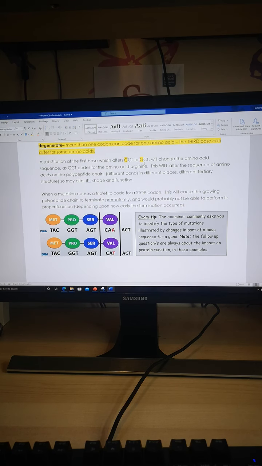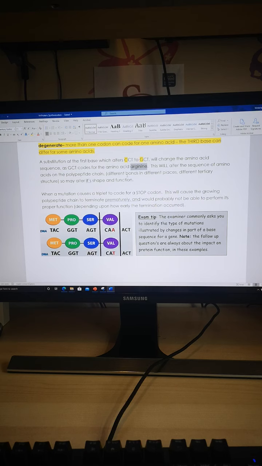The base sequence will change the amino acid sequence, because that triplet in DNA codes for arginine. So that is going to cause that change.